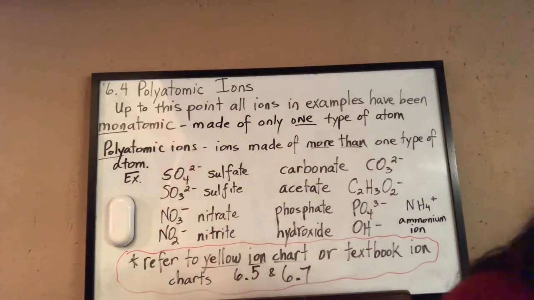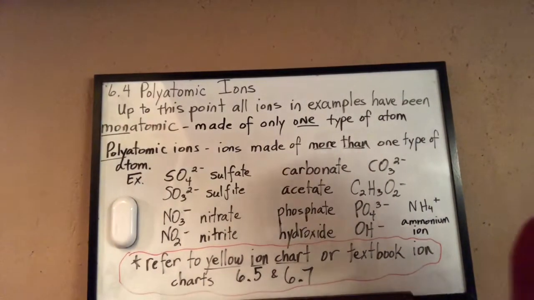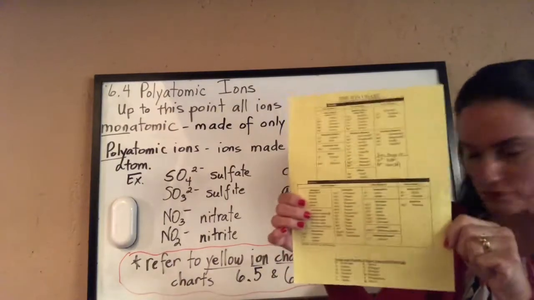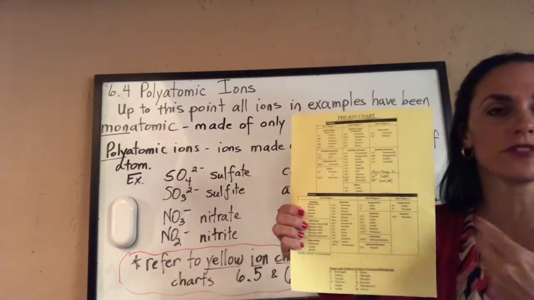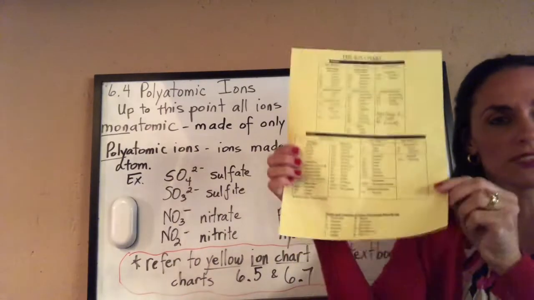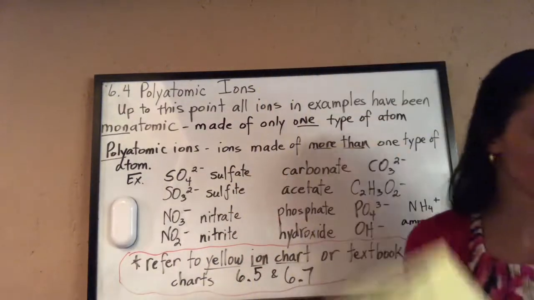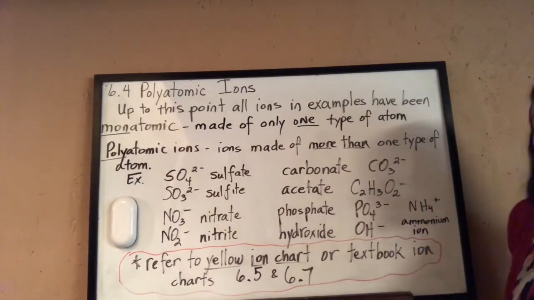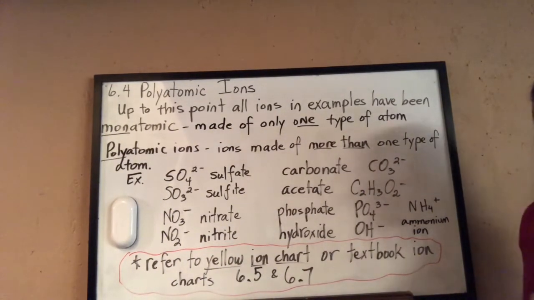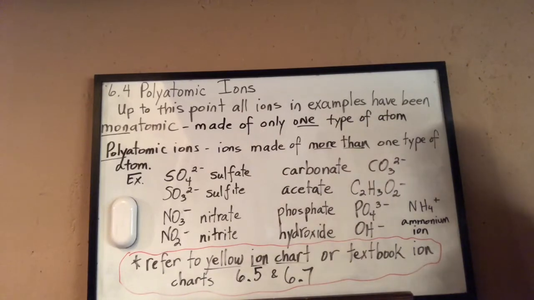I would prefer the yellow ion chart, just because you don't have to flip through pages. Let's do some examples of formula writing and naming ionic compounds that contain polyatomic ions.